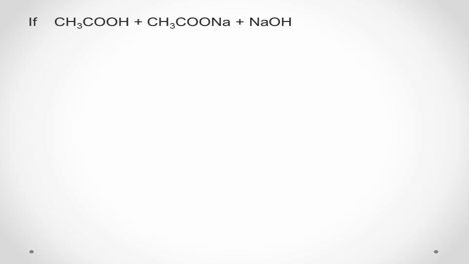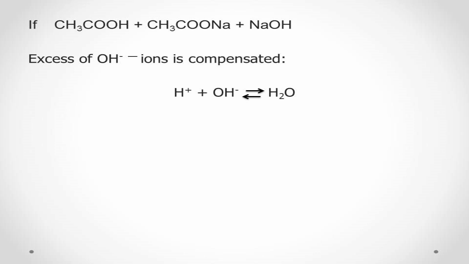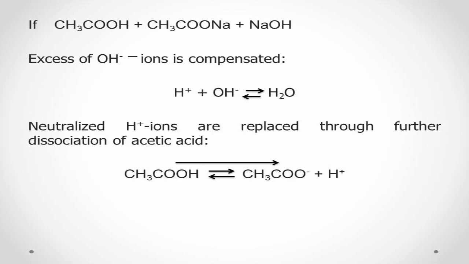Moving forward, what if we add a strong base, like sodium hydroxide, to this mixture? The excess of hydroxide ions will bind the existing H plus ions to form water. The neutralized H plus ions are then replenished by new ones formed through the further dissociation of acetic acid molecules.